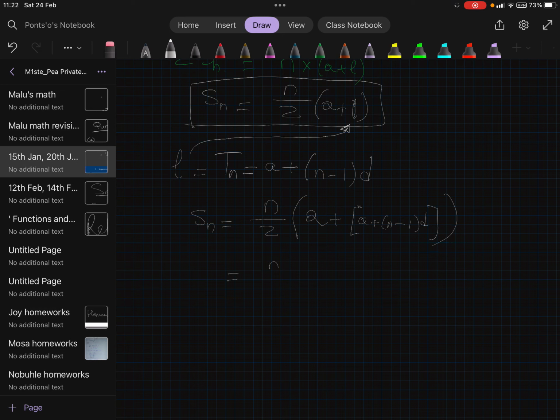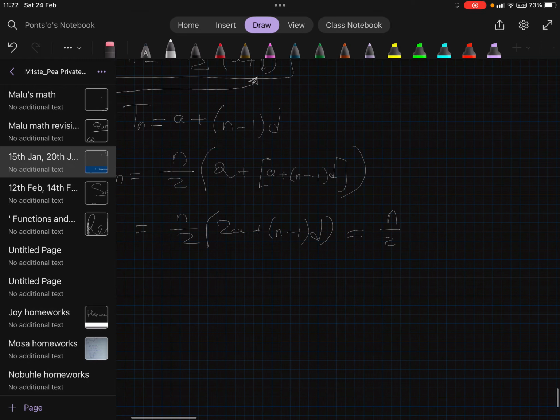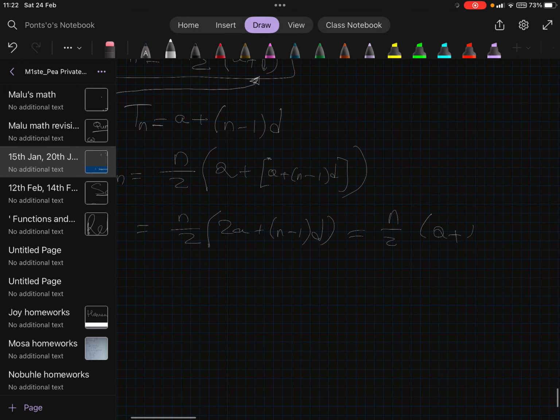And this then gives us n over 2 into 2a plus n minus 1 times d. And this equals your n over 2 into a plus the last term.